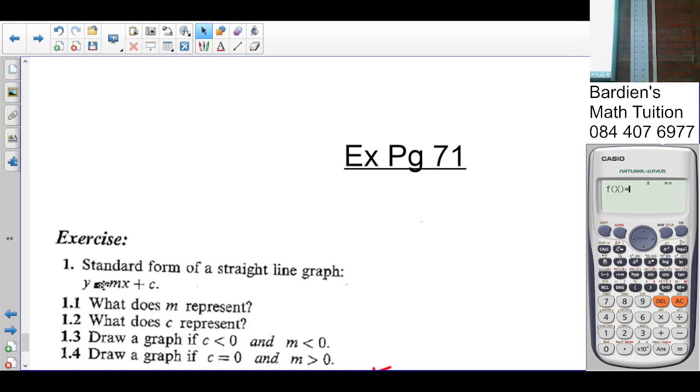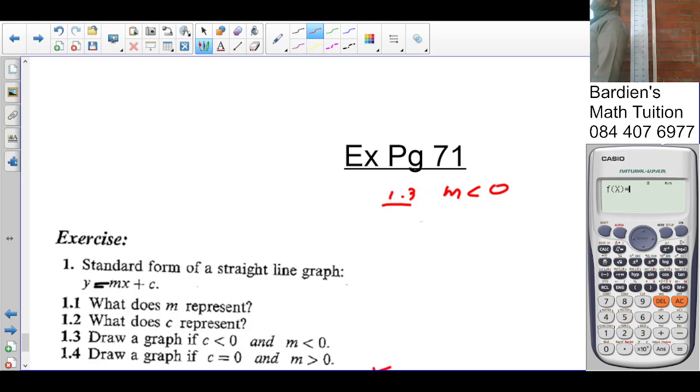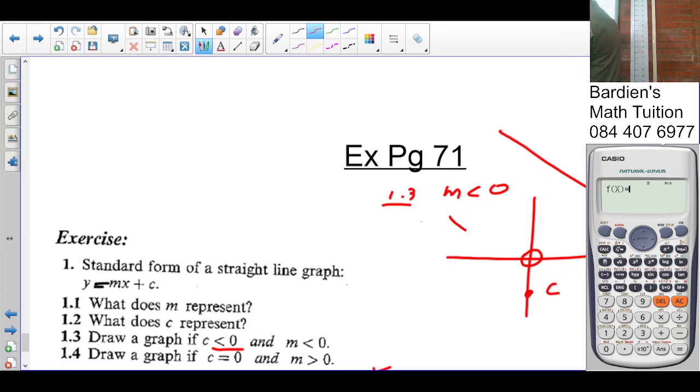So if m is less than 0, m is negative. If m is negative, what happens? The graph is increasing or decreasing? It's decreasing. So the graph has to go down. And c is less than 0, so it cuts below this axis here. So c has to be somewhere here, and there has to be a decrease from that. So that is your 1.3.